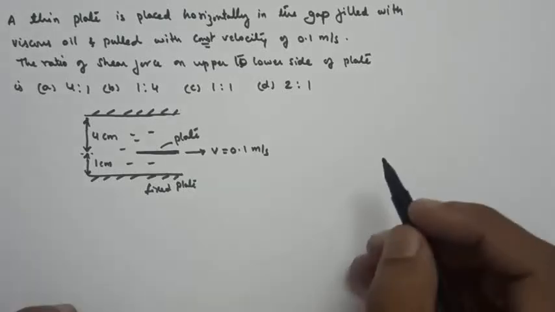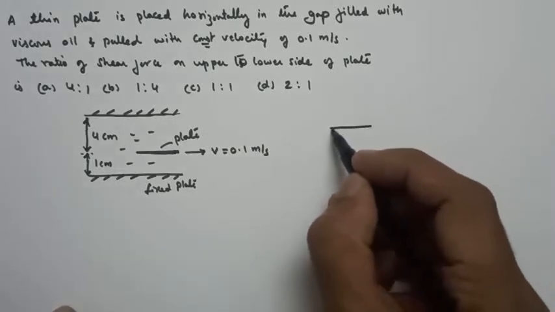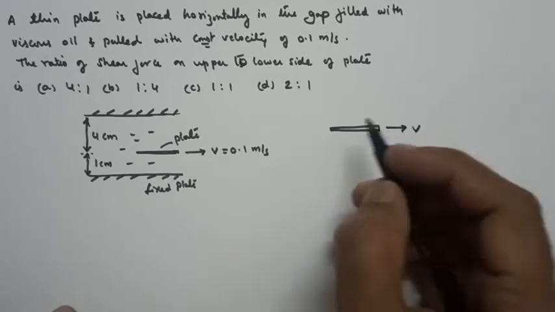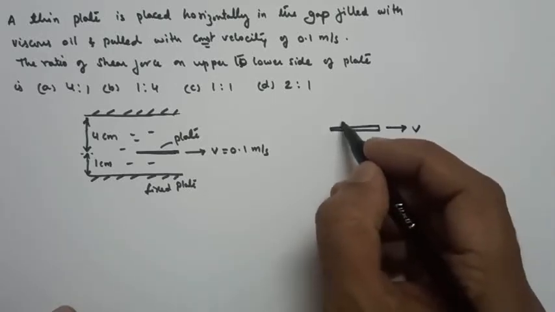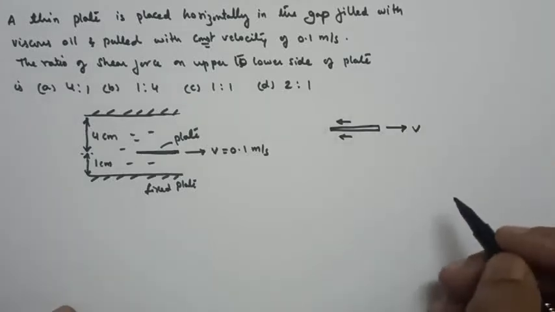Now, when the plate is being pulled, so this is the plate at velocity v, you have the shear force or the shear stress which is developed at both the sides of the plate.